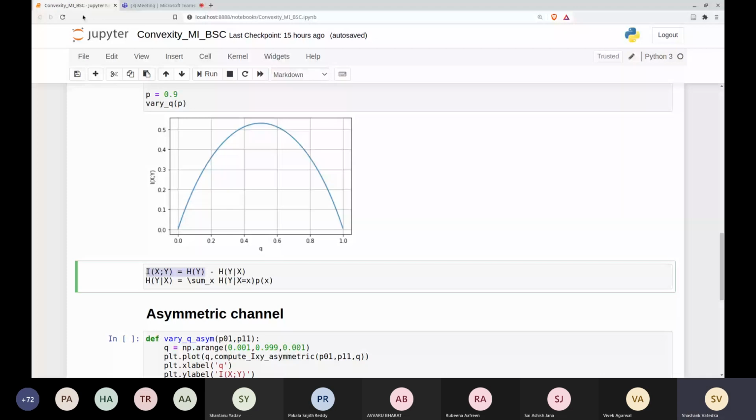And when do you get h of y equal to 1? When y is uniform. Correct. And when is y uniform? So for what value of the input is y uniform for a symmetric channel?